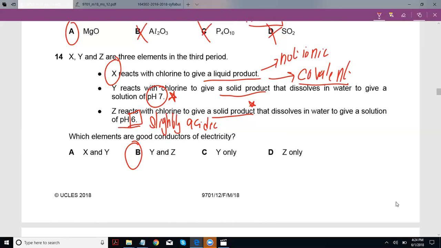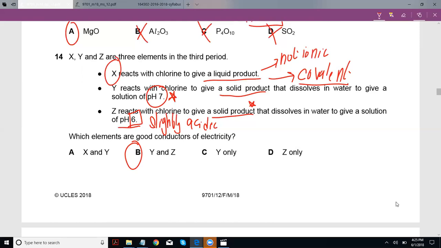If it's bonding covalently, it would not be a very good conductor of electricity, because ions can conduct, but a simple molecular compound might not conduct as much. But it says which elements are good conductors of electricity. So if X is forming a covalent bond, I have reason to assume it is aluminum, right?